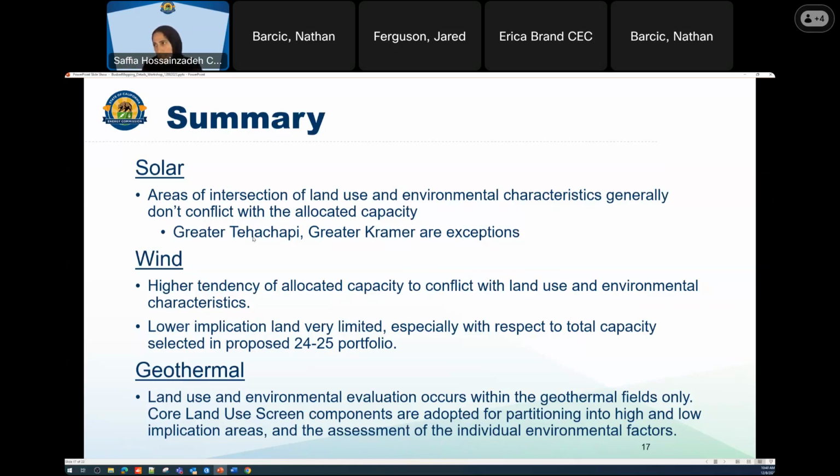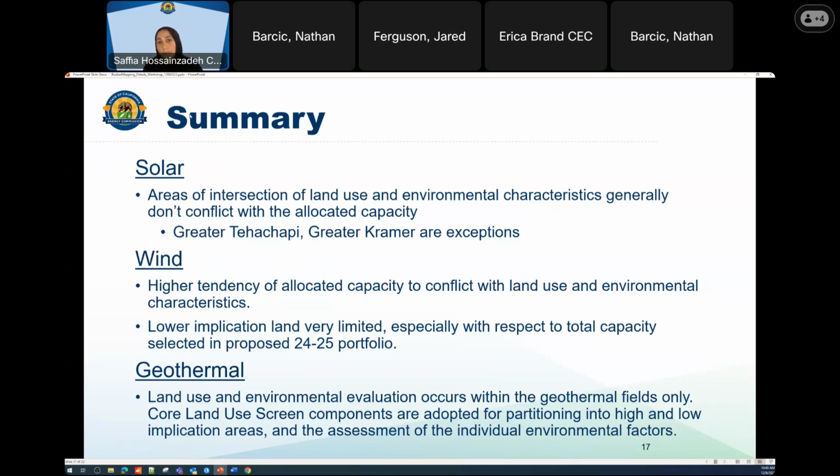For wind, there was a higher tendency of the allocated capacity to conflict with the land use and environmental characteristics. A lot of this was due to the limited amount of lower implication land that's available throughout the state.